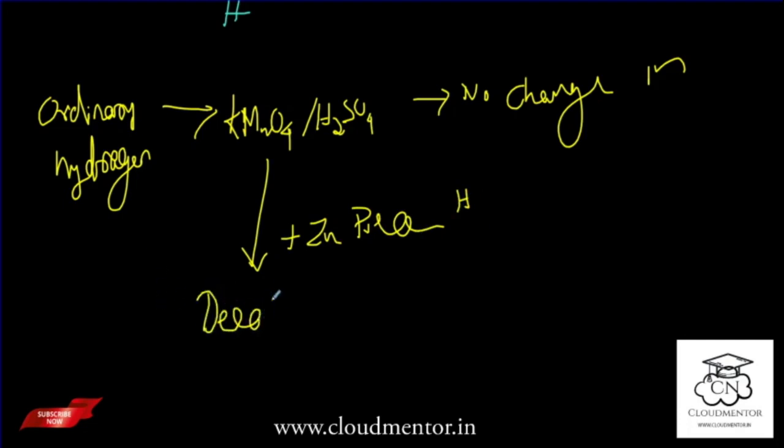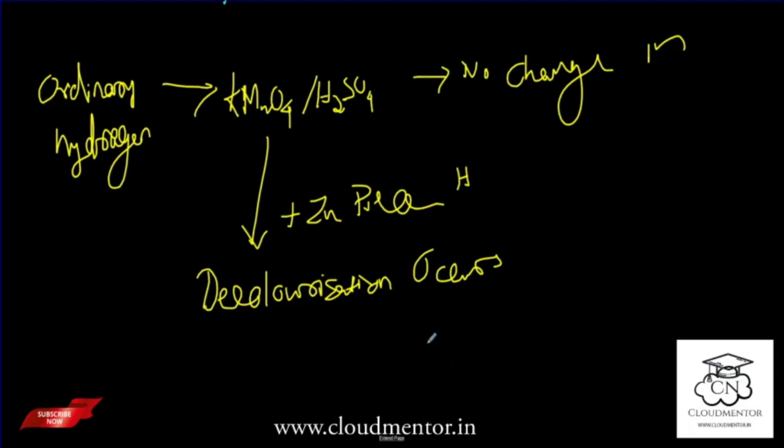The liberated hydrogen reduces the acidified KMnO4. It is believed that a part of the energy liberated in the reaction producing hydrogen becomes associated with the hydrogen molecules and thus makes them hyperactive.